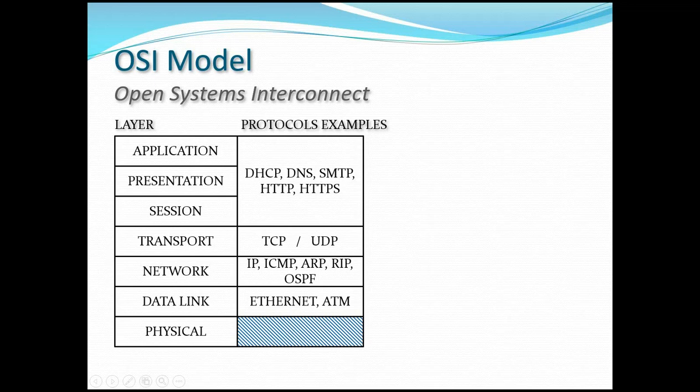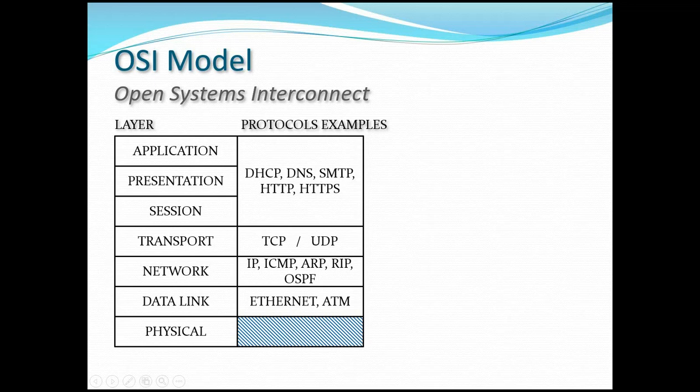Down in the transport layer, which is our 4th layer or middle layer, we've got both TCP and UDP. In the network layer, we have such things as IP, ICMP, ARP, RIP, and OSPF. And then finally, in the data link layer, we have protocols such as Ethernet or ATM.